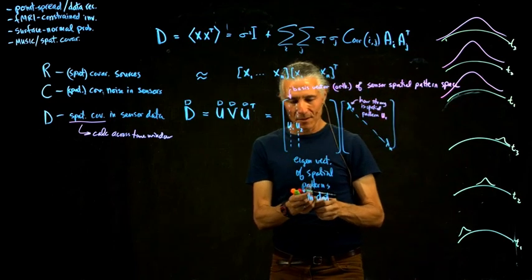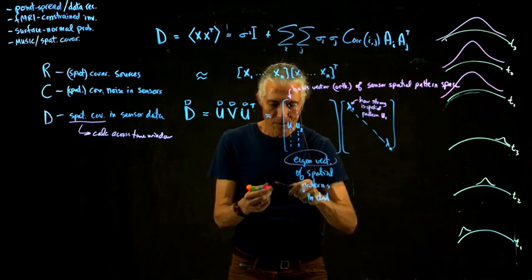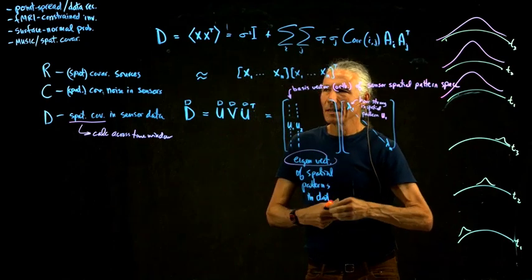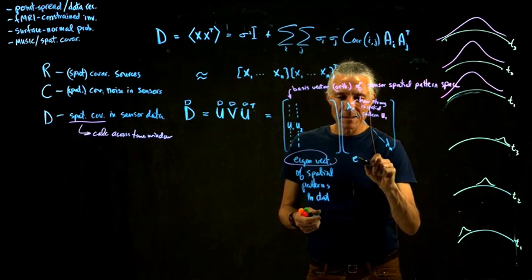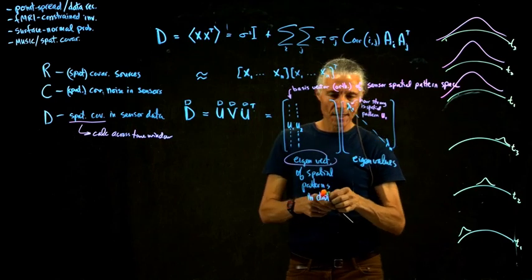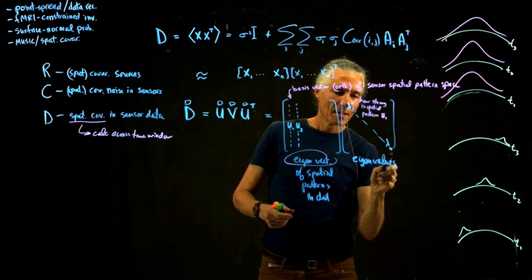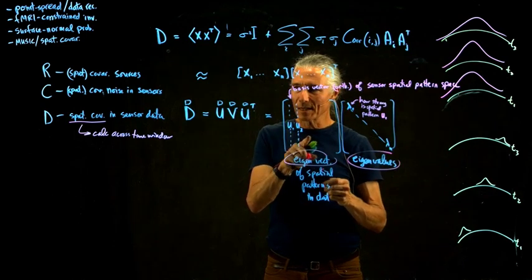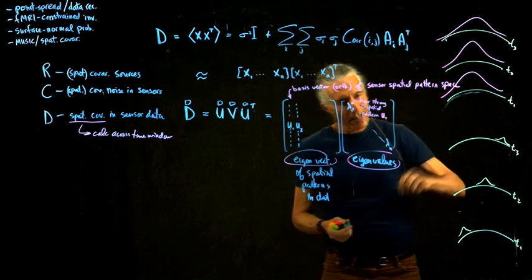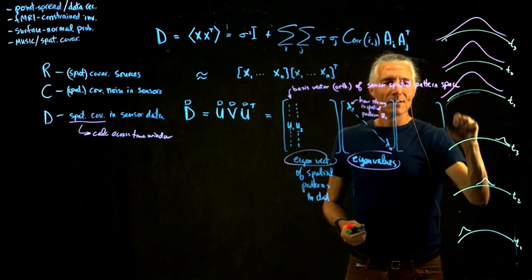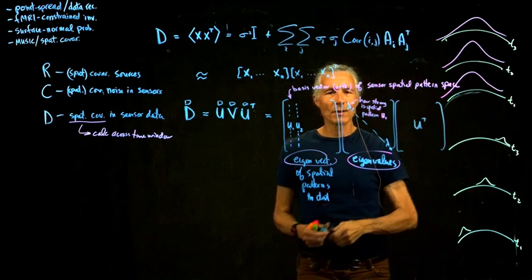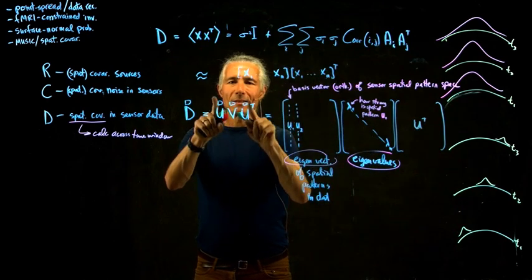So these are the eigenvectors, all perpendicular to each other, and these are the eigenvalues, which say how much each of these spatial patterns explains the data. And then it has to be squared. So there's U transpose here, because it's a variance and it's always squared. That's why there's two of these guys.